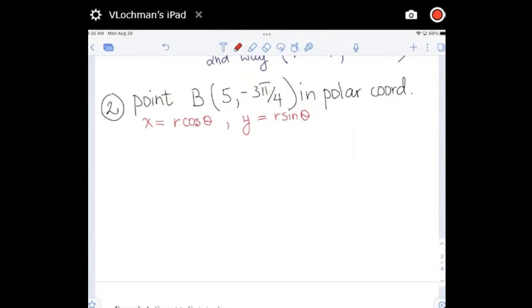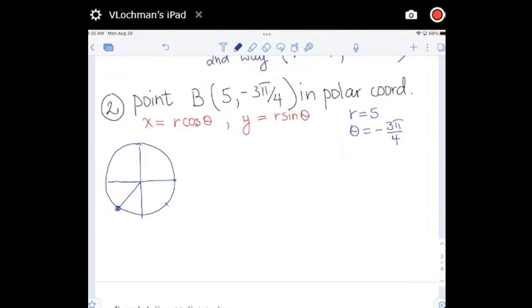Well, if that's the case, we know what our r and theta are. So r is 5, theta is negative 3 pi over 4. Let me go ahead and put a unit circle here. Negative 3 pi over 4 would be 1, 2, 3 right here.